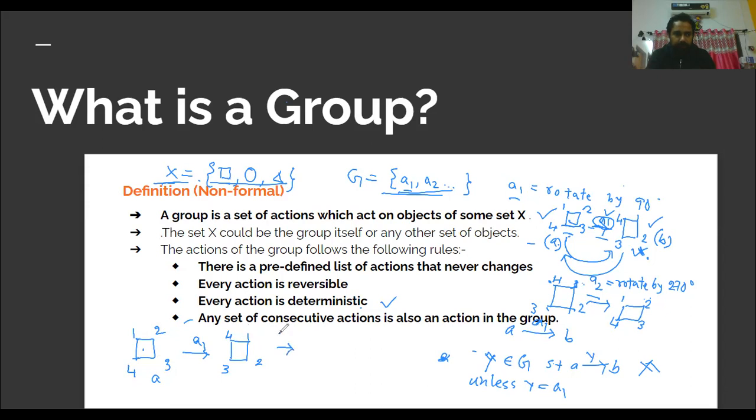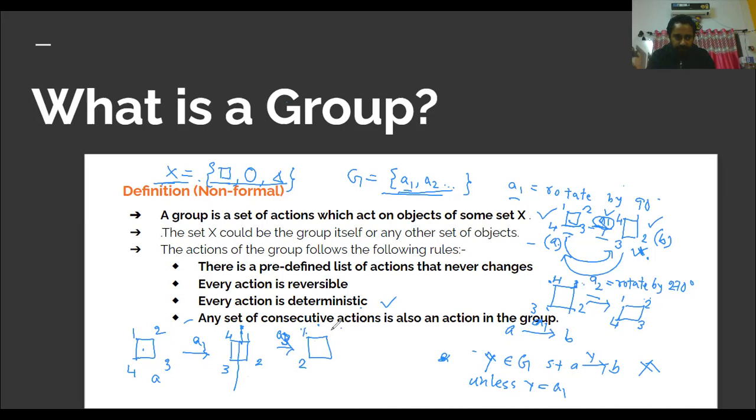And then you apply another one, which is say reflection, right? Which is a reflection around the say horizontal axis, a vertical axis. So, or a flip around the vertical axis.